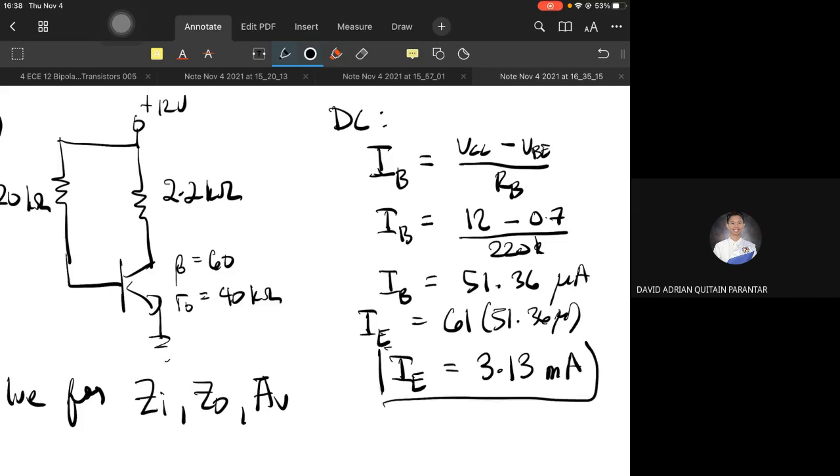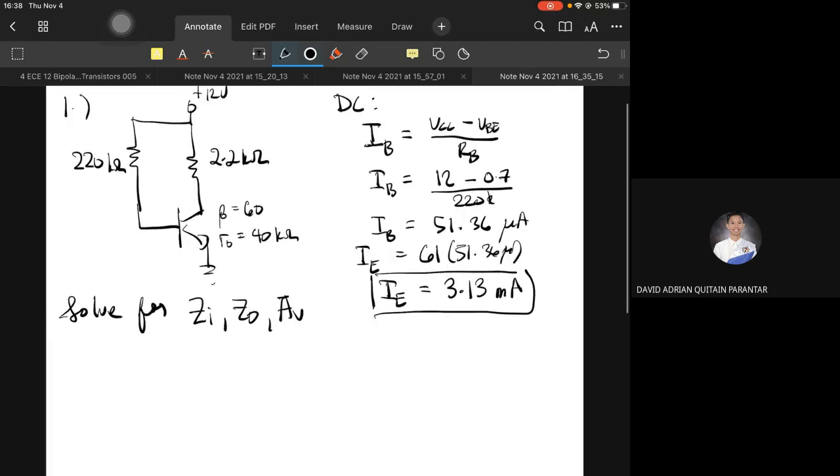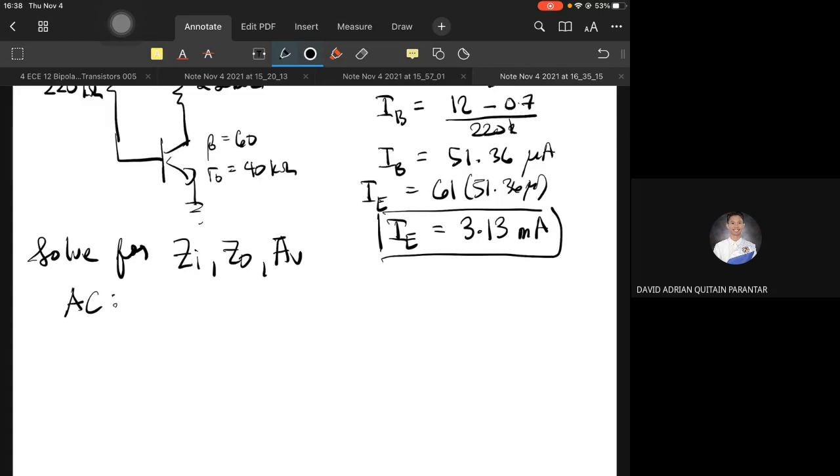Yes, sir. Okay, so that's muna na siya nga part sa DC analysis atong kinahanglan. AC na dayon. So for AC, we first solve for RE. So 26 millivolts over IE, 0.026 divided by 3.13 milliamperes.